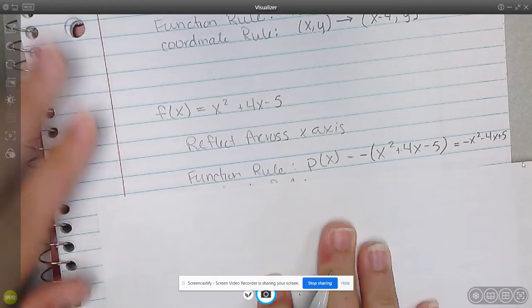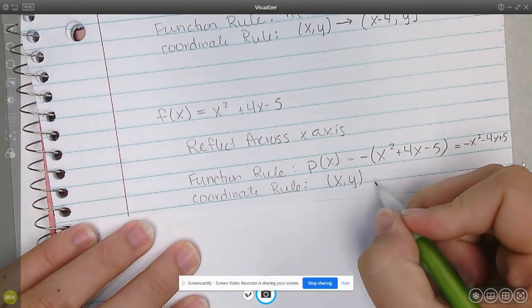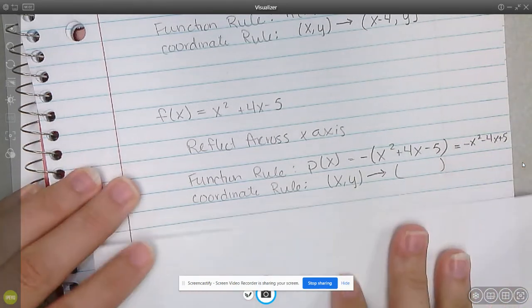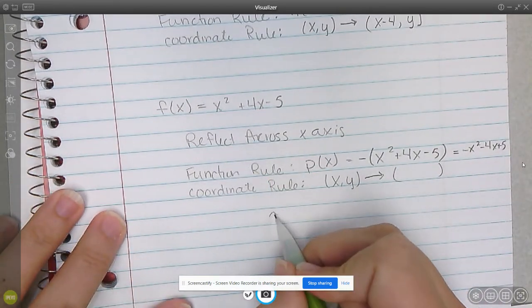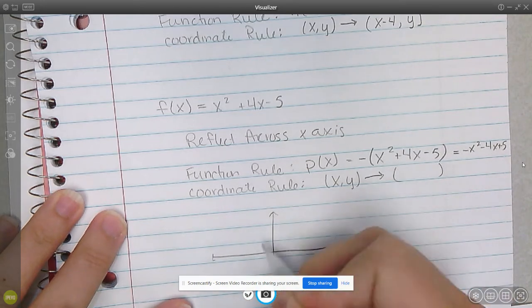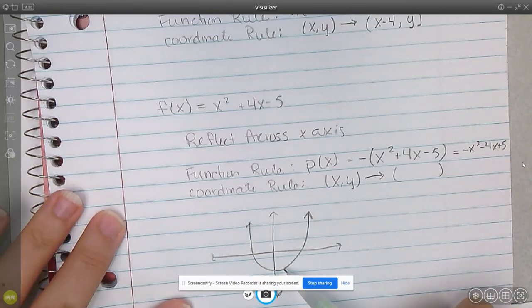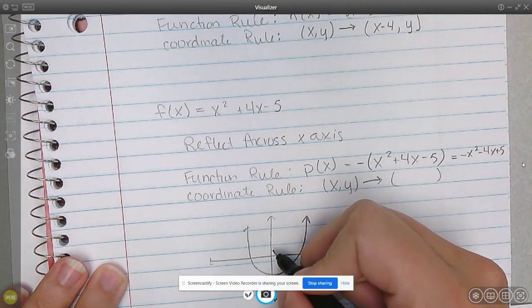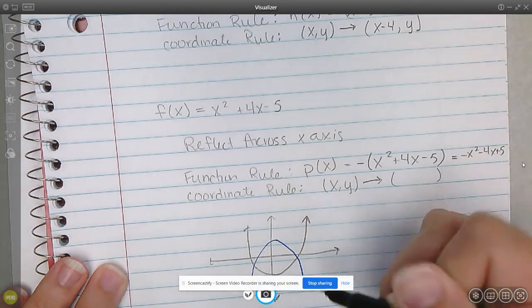And then when you are doing the coordinate rule, let me just draw this quick. This is a positive quadratic, so it's going to look something like this. When you reflect this across the x-axis, it'll end up looking like this.